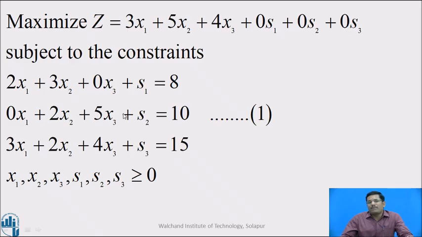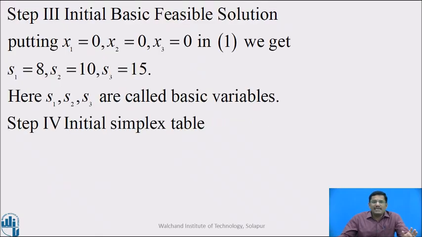So after adding the slack variables, our standard form will look like this: maximize z equal to 3x1 plus 5x2 plus 4x3 plus 0 into s1 plus 0 into s2 plus 0 into s3, subject to the equality constraints. Now moving towards step number 3, which is setting up the initial basic feasible solution.